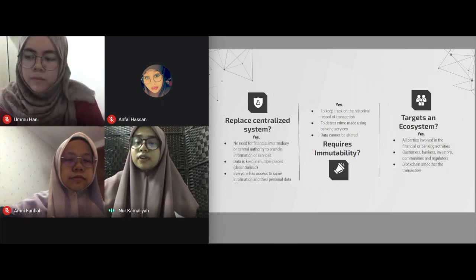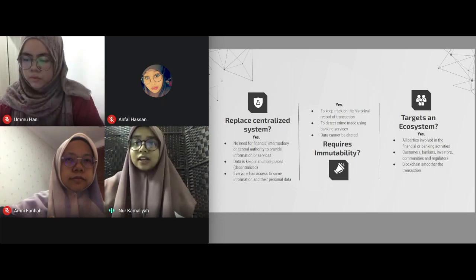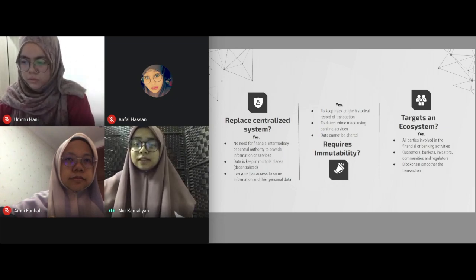Moving on to the third question. The question is about whether the use of blockchain technology can target an ecosystem or rather just a few parties. The answer is yes. The use of blockchain technology will involve the whole ecosystem, not only a few parties.